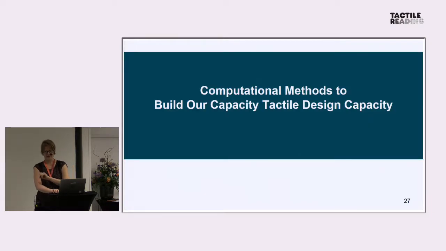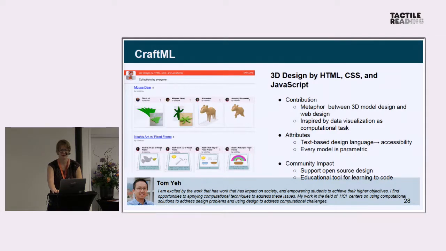So I have probably 1 minute left, and so I'm just gonna do a quick overview of a few of the more technical projects. CraftML, I encourage you guys to go check this out. It's an HTML-based 3D modeling program. So if we have students that are wanting to learn to code, they can come in and have a visual representation, but also we're working really hard.